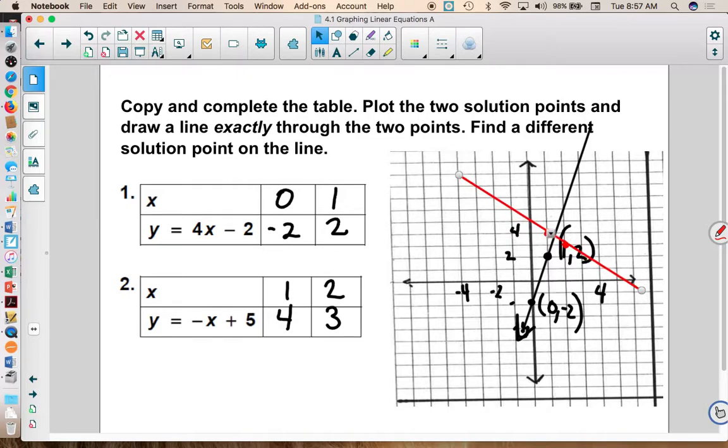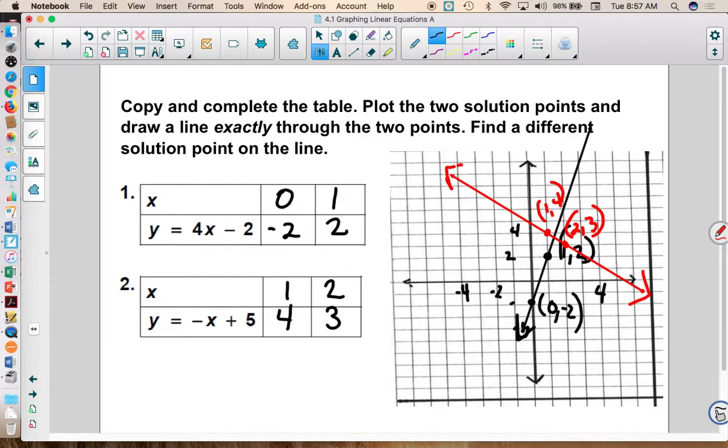There we go. So I've got 1, 4 and 2, 3. Okay, do yours look like that?